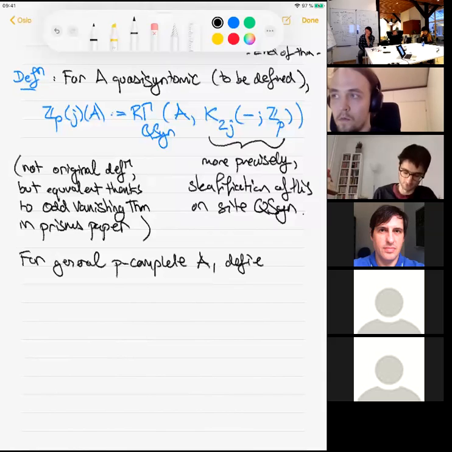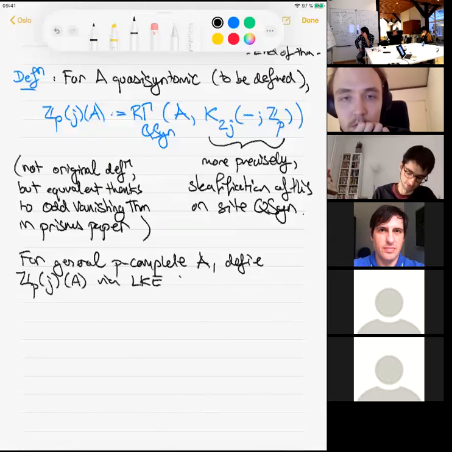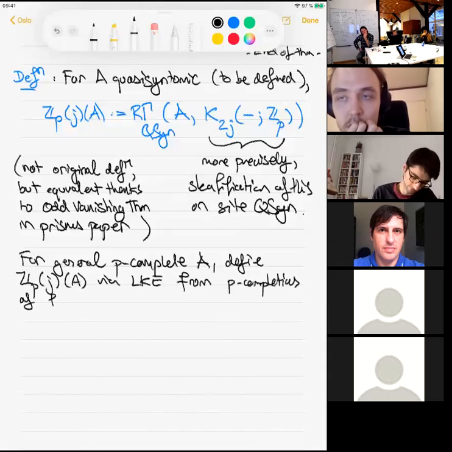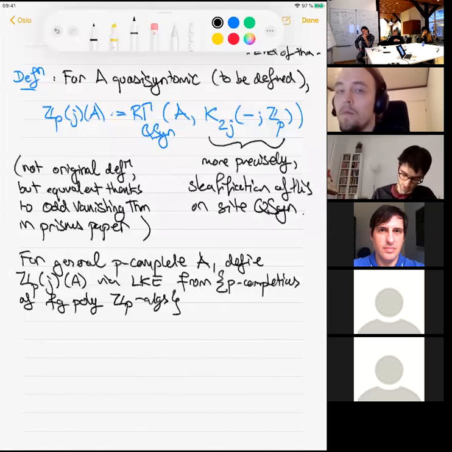And then I guess I should say for general A, excuse me, so I've defined it for P-complete A satisfying this condition on their singularities, this quasi-syntomic condition. And for general P-complete rings A, we define this via left Kan extension from P-completions of finitely generated polynomial Z_p-algebras.